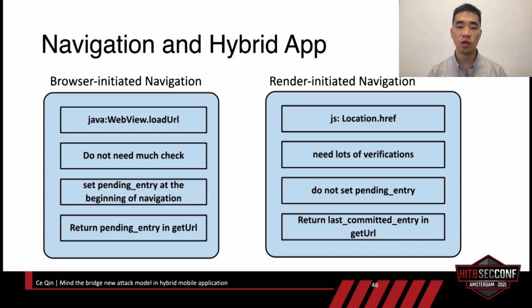Browser-initiated navigation will set the pending entry at the beginning of navigation and return it during getUrl, while render-initiated navigation does not. Let's summarize. For browser-initiated navigation, getUrl will return the new URL, even before the old render is unloaded. For render-initiated navigation, it will return the old render URL before the new one is committed.